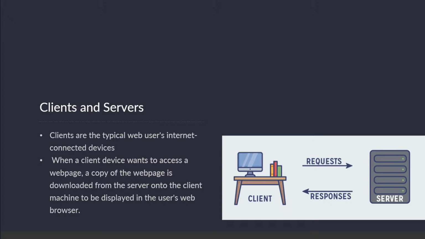You make a request, that request is sent to the server, the server takes the files and makes them something your browser can read, and sends you a copy of them. Then your browser reads those files and displays the result. That's the request and response situation we have going on here.